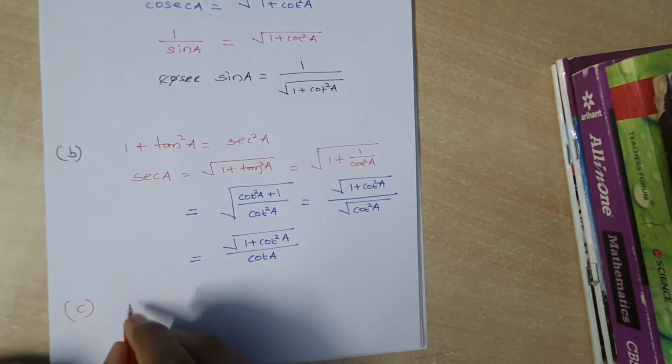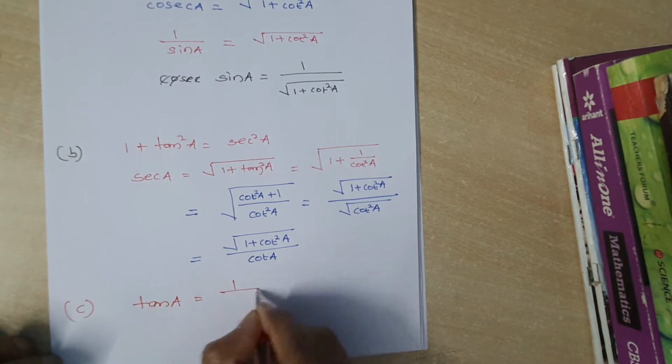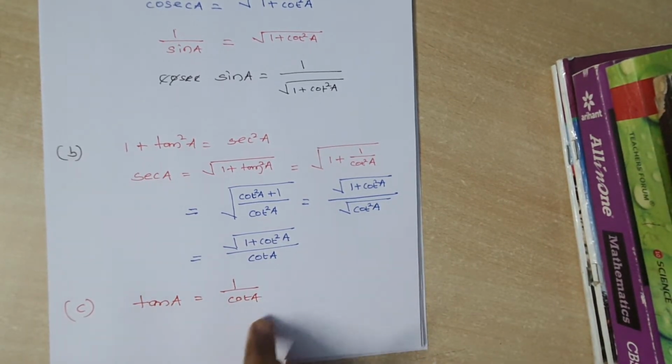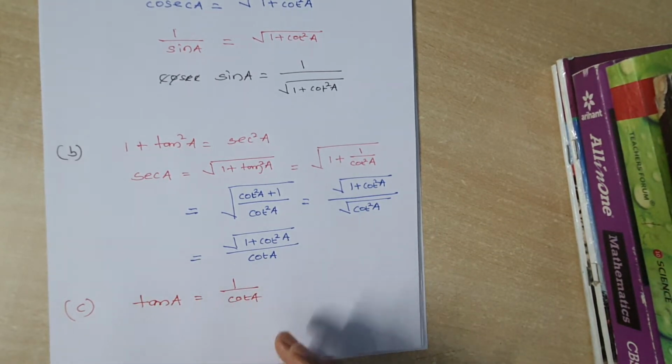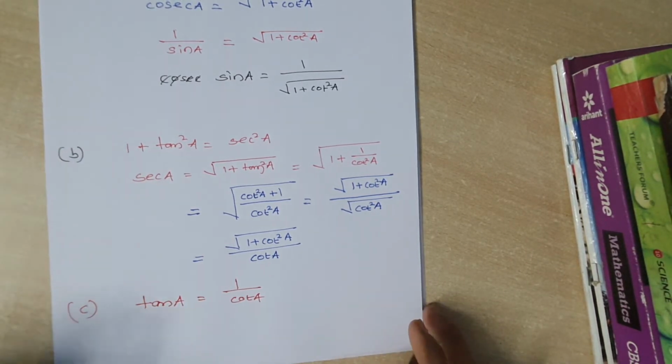Tan A is equal to 1 by cot A. So over tan A, we expressed in terms of cot A. So this was the first question of this exercise.